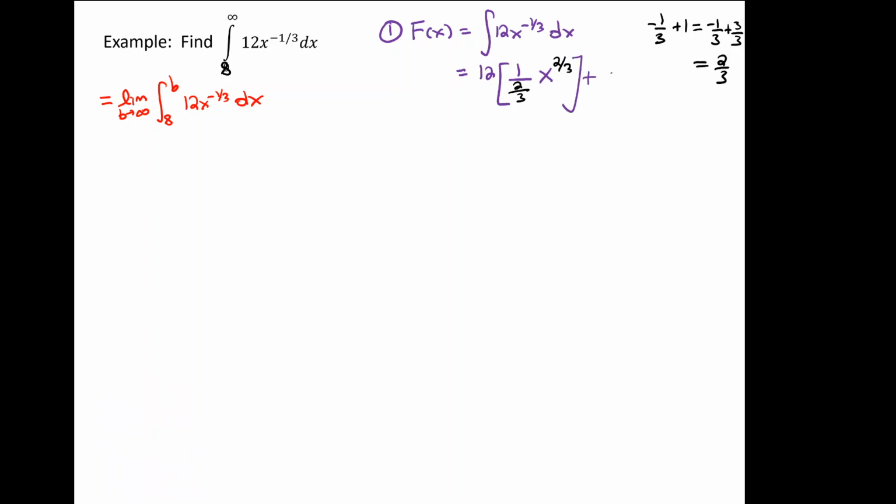And then we get a plus c. The plus c can disappear because of the bounds. Okay, and then simplify. This is 12 multiplied by 3/2. So we're going to multiply by the reciprocal, since you're dividing by a fraction. So we get 18 x to the power of 2/3.